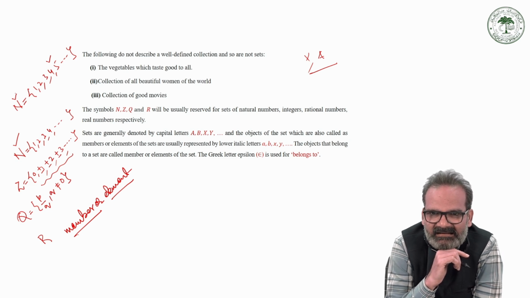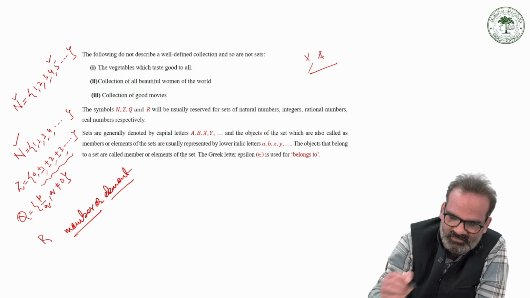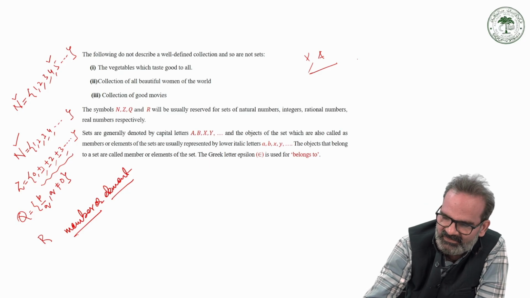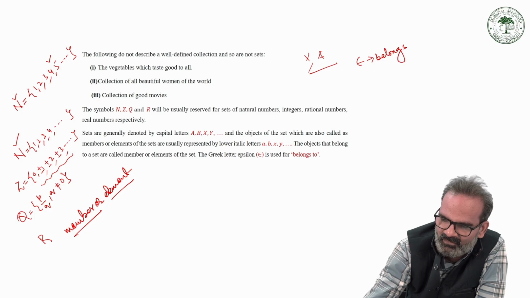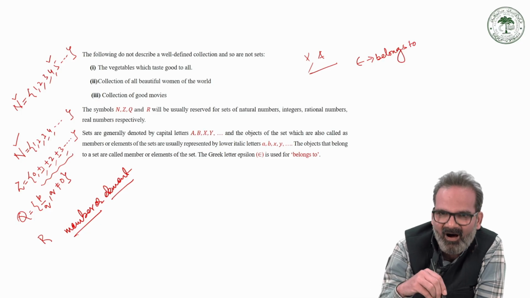The Greek letter epsilon is used for belongs to. In the next slide, we will use this sign. This is known as epsilon, and the meaning of this is belongs to. Belongs to means member of or element of, right?